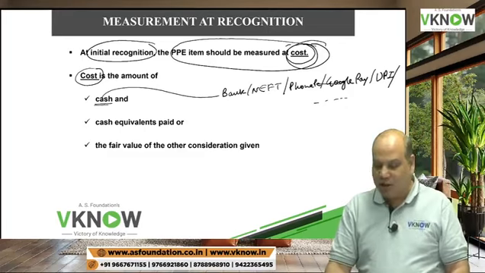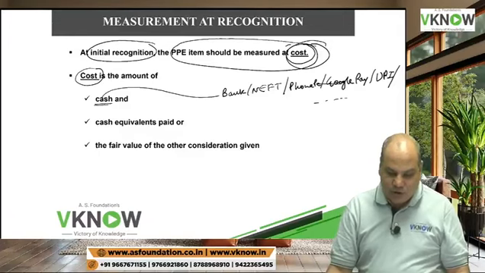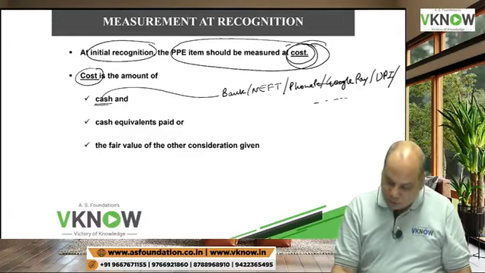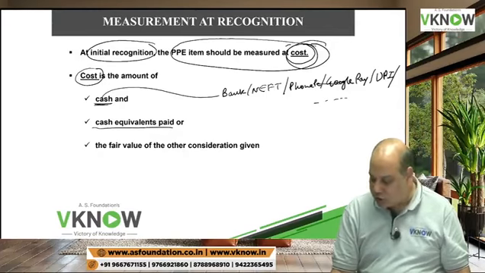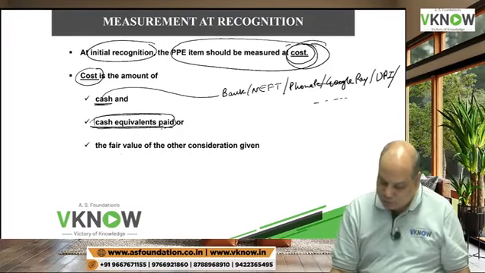Pay the amount, get the asset. Cost is the amount of cash paid or cash equivalent paid. If not cash, cash equivalent also is okay.